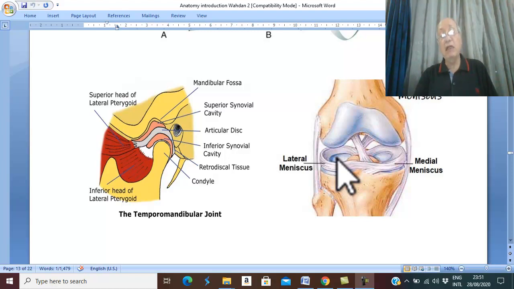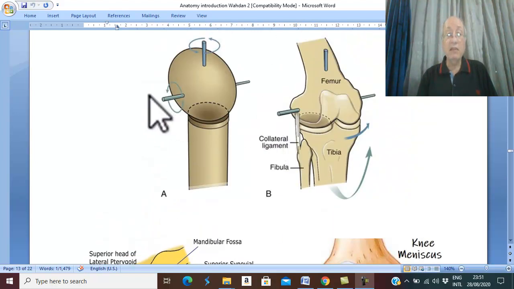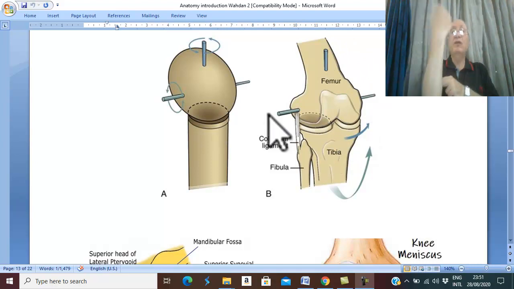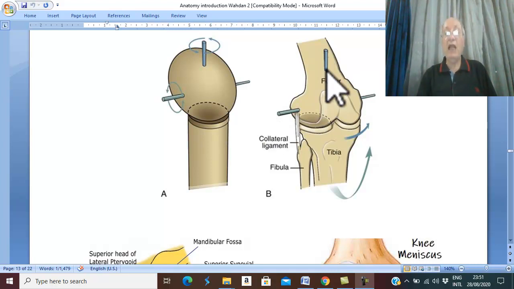The movement in this joint is around a transverse axis and a vertical axis. We all know the transverse axis allows flexion and extension, and around the vertical axis it allows medial and lateral rotation.